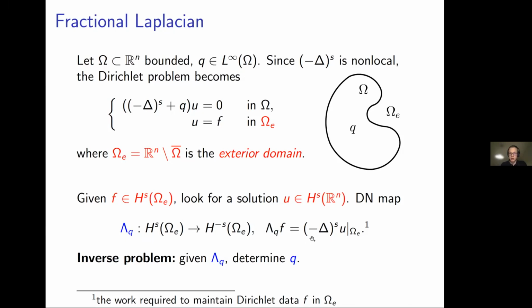In principle there are different candidates, but the fractional Laplacian of u in the exterior is one natural candidate for Neumann data in this non-local setting. This is the work required to maintain Dirichlet data f in the exterior. But formally, this looks the same as the Calderón problem. So you have a Dirichlet-to-Neumann map lambda_q, and from the knowledge of this map, which is exterior boundary measurements, you want to determine the potential q.